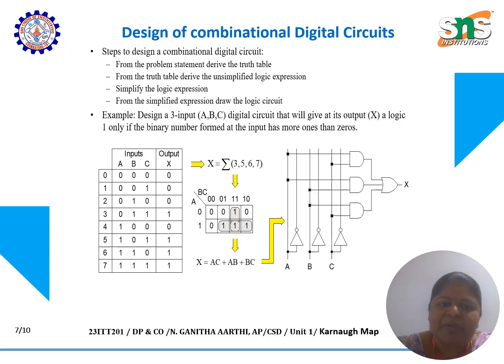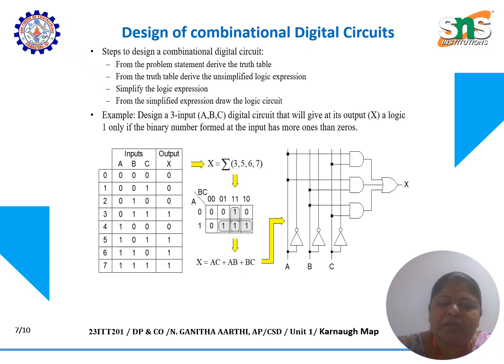Here is the example: design a 3-input A, B, C digital circuit that will give at its output X logic 1 only if the binary number formed at the input has more than one 1. Here we have been given three inputs with an output X. We can draw the logic diagram with A, B, C as the variables, and we shall derive a truth table as the first step.